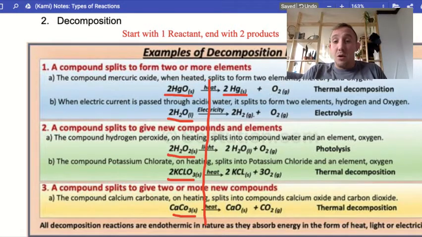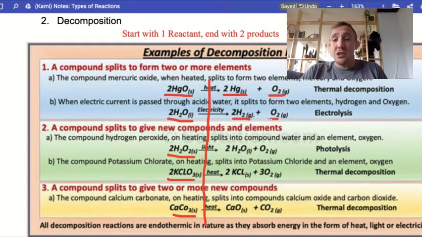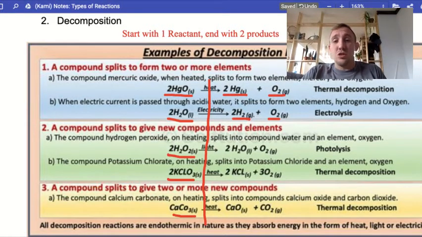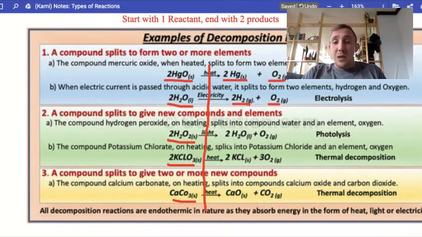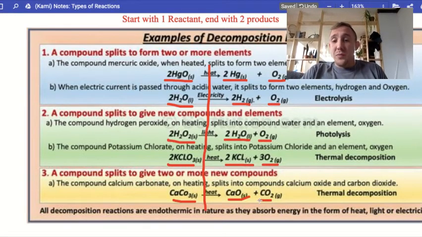So I have mercury and oxygen for this one. I have hydrogen and oxygen. And notice they're separated by a plus sign. That's how I know there's two products. And if we continue looking, we have two products here, two products here, two products here.